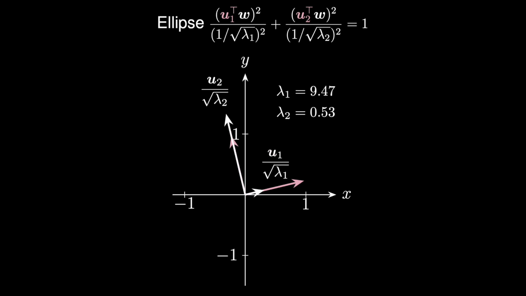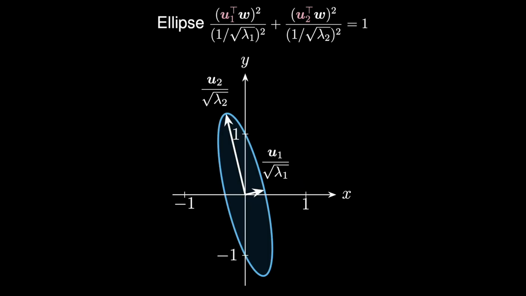The eigenvalues scale the axes. Since lambda 1 is large, the ellipse is compressed along u1. Since lambda 2 is small, it's stretched along u2. Here's the full picture: the ellipse oriented along the eigenvectors, with the axis lengths controlled by the inverse square roots of the eigenvalues.